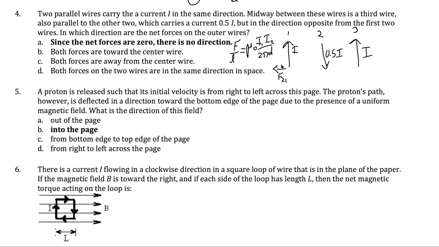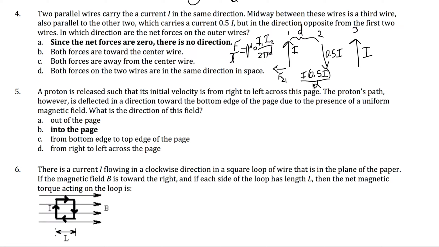So we can get an amount for this force that we can plug in: we have a current I for the first one, but for the other wire we have half of the current. So those are the two currents, and I'm not going to worry about a constant. I'm just trying to find out how big is this force. And then the distance, I'll call it d.